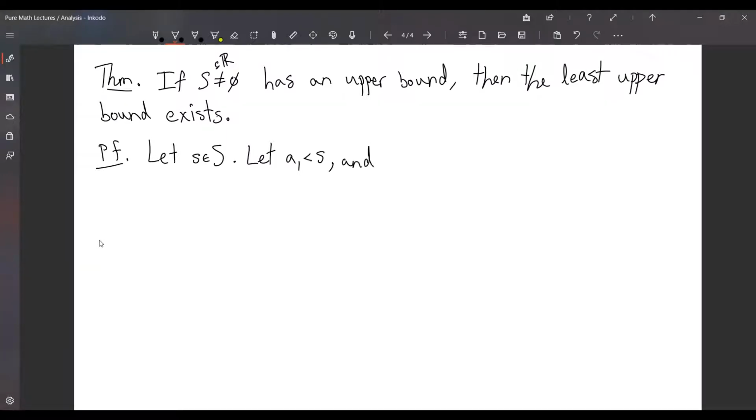And let B1 be an upper bound for our set S, which we know exists by hypothesis, right? We said that our set has an upper bound, so we're letting B1 be an upper bound, right?